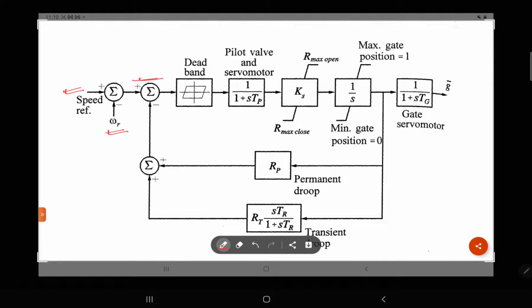So in the feedback system, we have taken the permanent droop and the transient droop. Okay, the sum of that is going into the summation. So the difference of both of them, the droop system and the speed, we are giving to the closed loop.